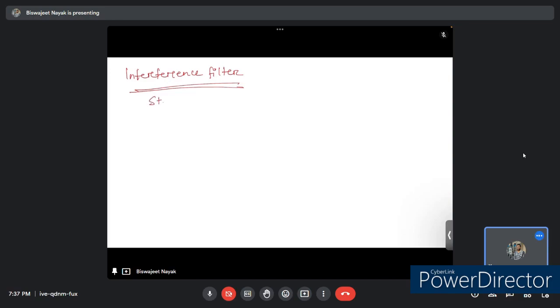They have a very steep cut-in and cut-off transmission. Compared with respect to what?